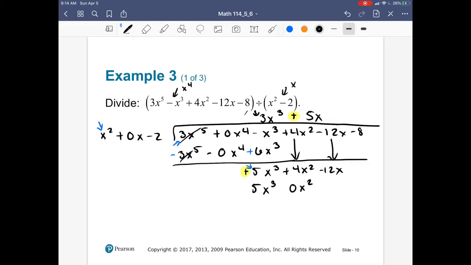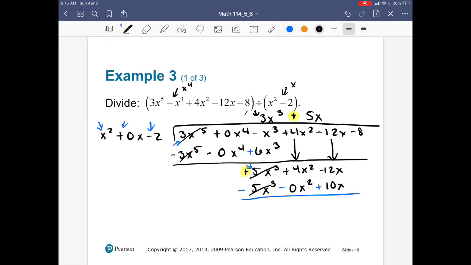And 5 times 2 is 10x. Now, the first term times the 5x, they're both positive, so a positive times a positive is a positive, but we change the sign, so it's a negative. Since we're changing the signs, this was a positive, so this has to be a negative. This was a negative, so this has to be a positive.